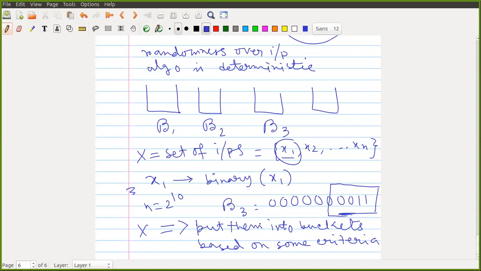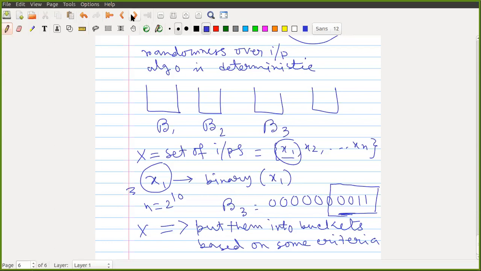We assume that seeing the binary pattern can be done in order one time. Maybe this is an oversimplification, but let's assume that, on seeing an element x1, we can decide which bucket to put it into in order one time. So the total time to put these elements into buckets is order n.